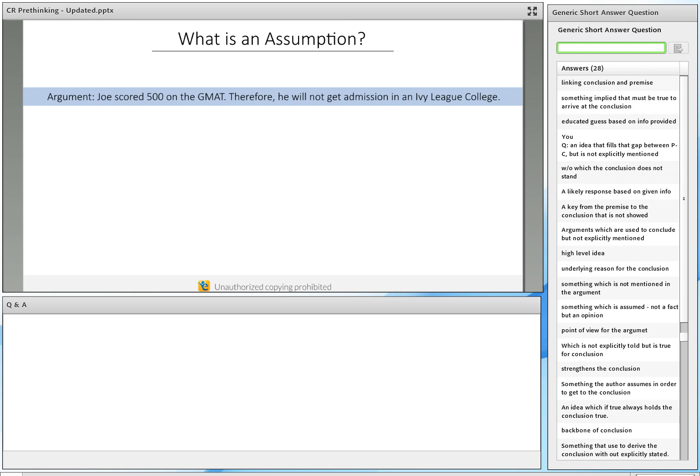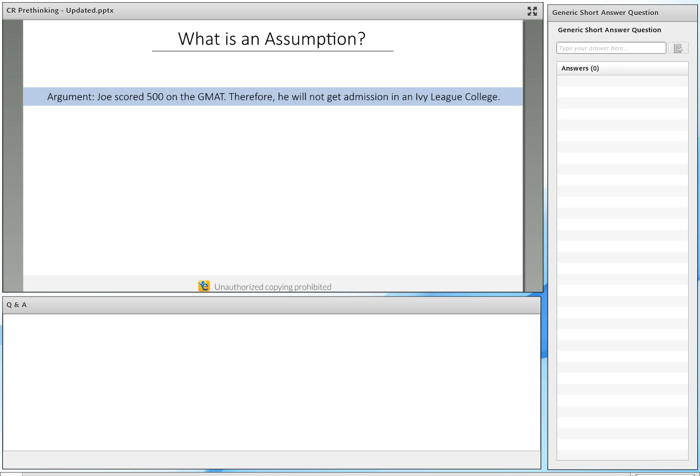Let's take this argument over here. Why don't you take a look at this argument and tell me what the author assumes? This is an argument which is very close to your heart. All of you want to get to an Ivy League school, or most of you, I'm hoping. So let's take a look at this argument and tell me what the author assumes over here.